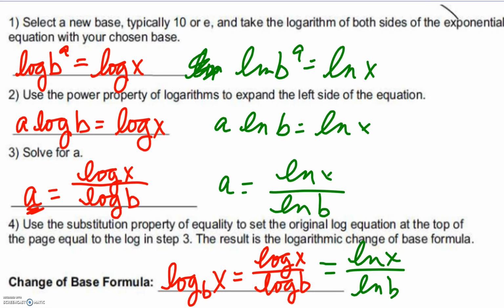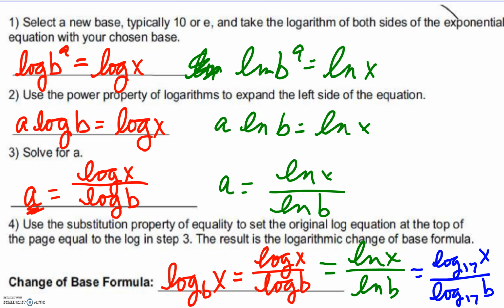Let's say for some weird reason you wanted to change it into base 17. Then you would have log base 17 of x over log base 17 of b. These are all equivalent. It does not matter what base you're wanting to change it to. This is the format in which you do that.